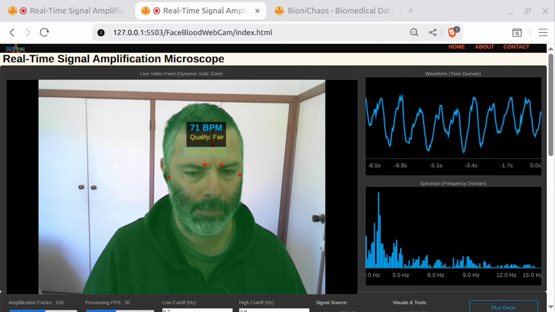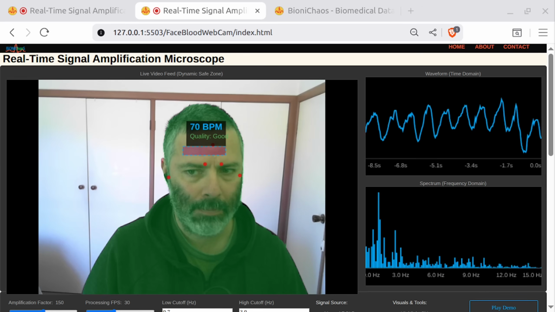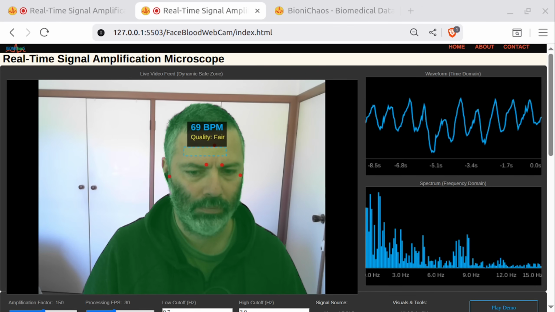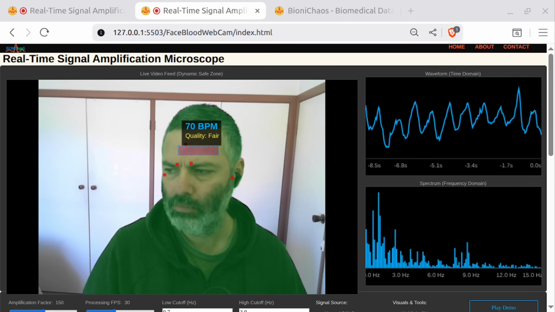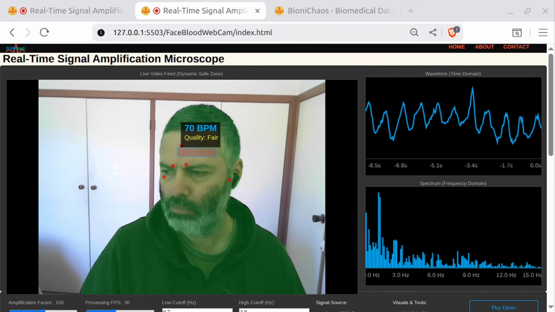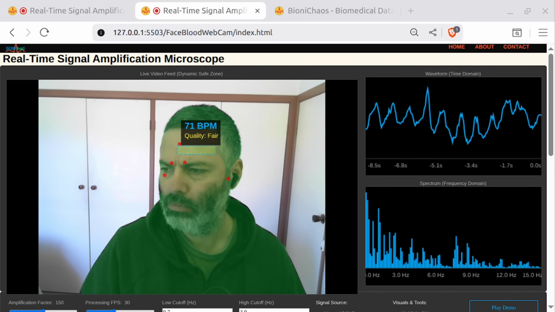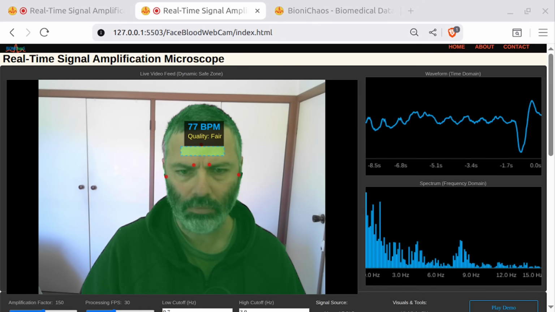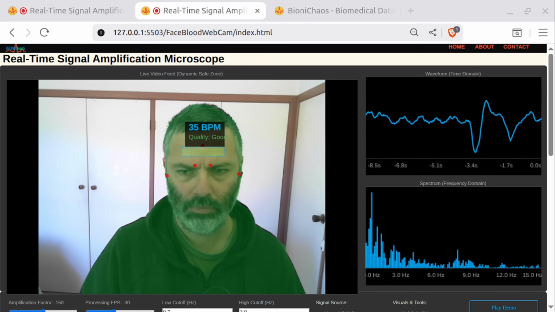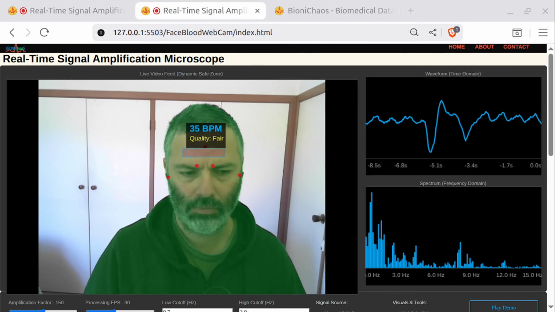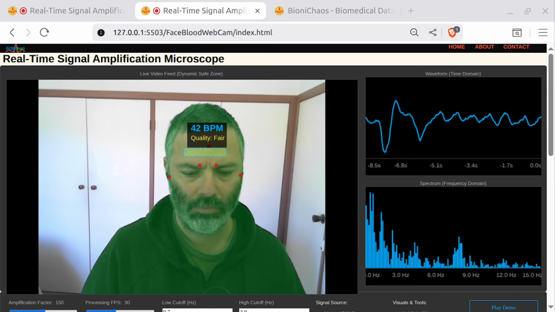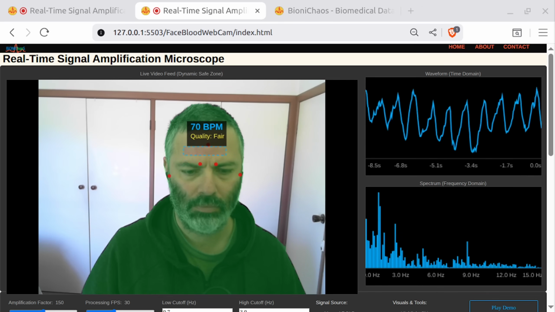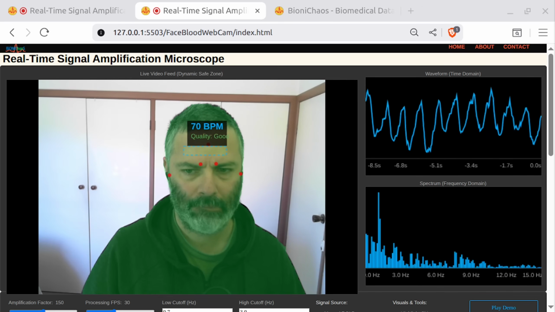The main focus is on the forehead area where the ROI, region of interest, is placed to measure the heart rate. In the first image, the heart rate is shown as 72 BPM, with the quality marked as fair. In the second image, the heart rate is slightly lower at 70 BPM, but the quality is still fair. The waveform and spectral graphs on the right show the signal data, which is used to calculate the heart rate. Overall, everything looks well placed, and the ROI is nicely positioned on the forehead. So the measurements should be quite accurate.